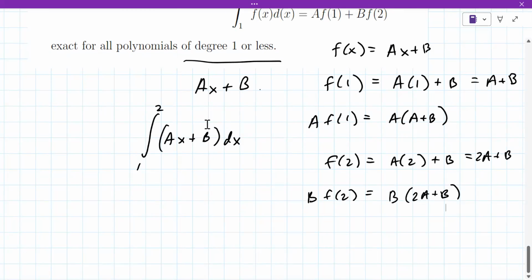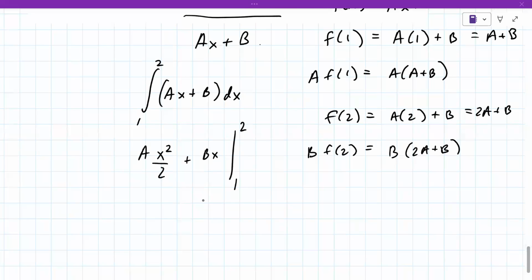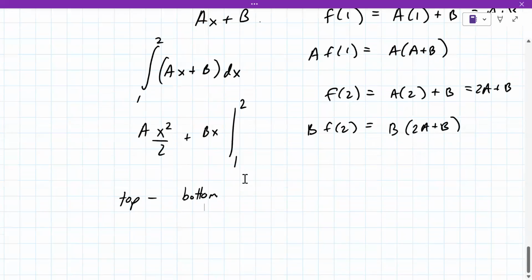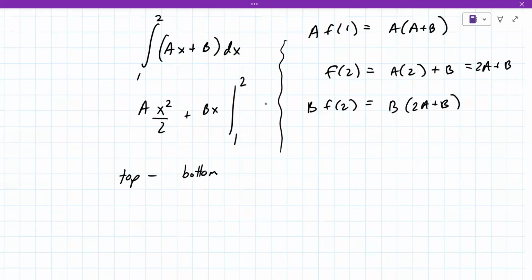All right, so on the left here, this is A x squared over 2 plus bx, and you have to evaluate from 1 to 2. When you evaluate, it's top minus bottom. So you're putting that 2 in the top.